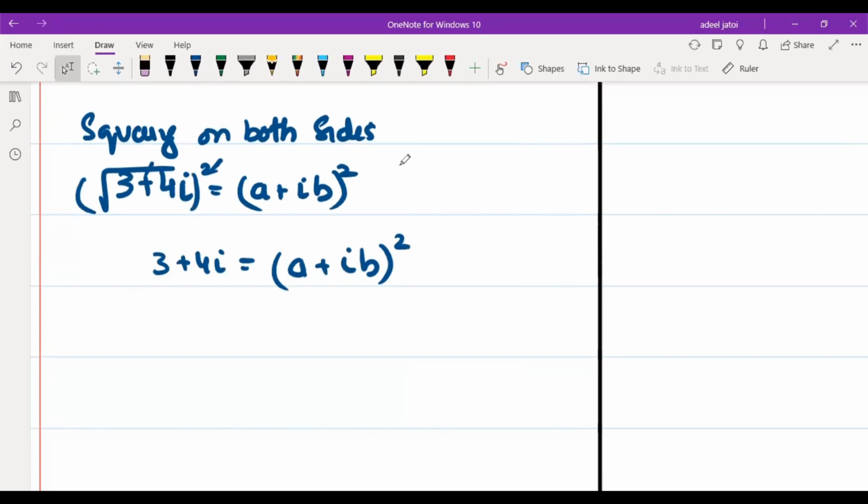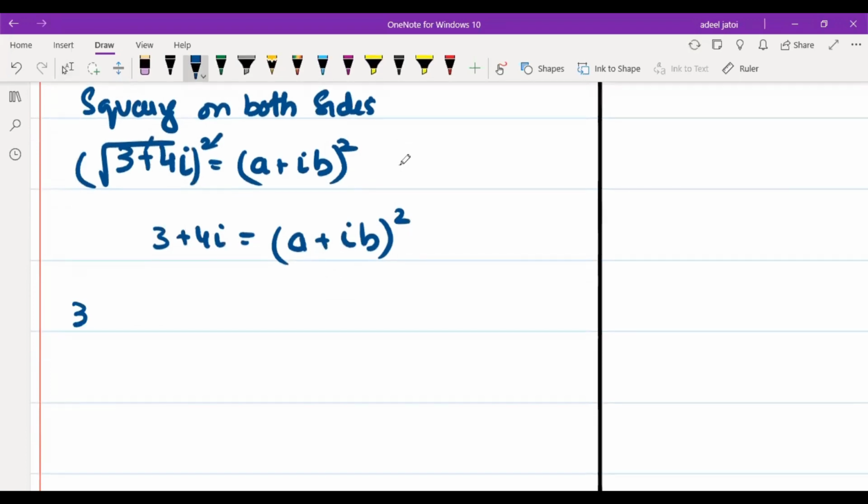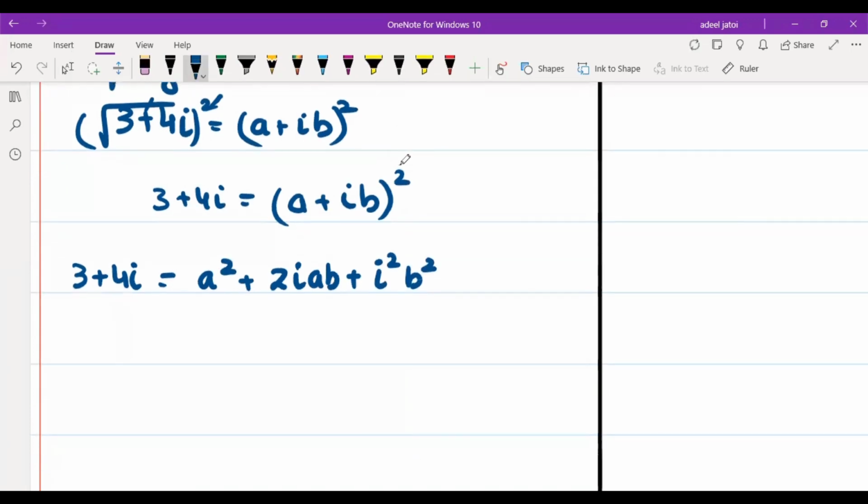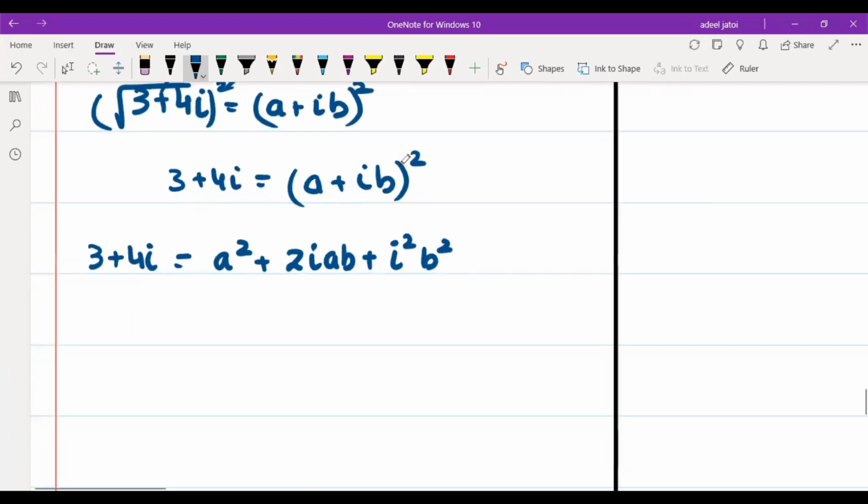Moving on, we know that it is 3 plus 4 iota, and this a plus iota b whole square can be opened through the identity, which is a square plus 2 iota ab plus iota square b square. So iota square, you already know it is minus 1.